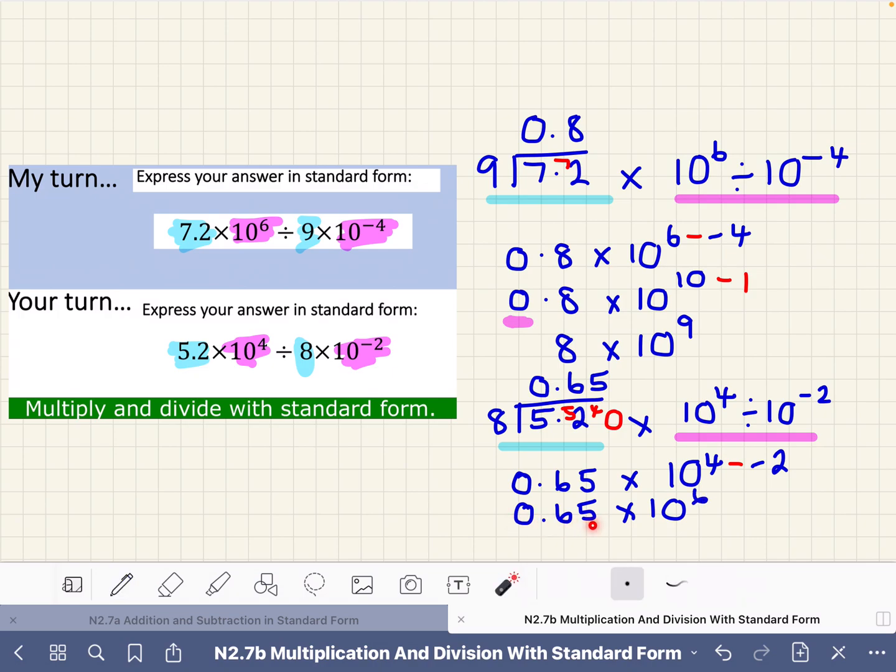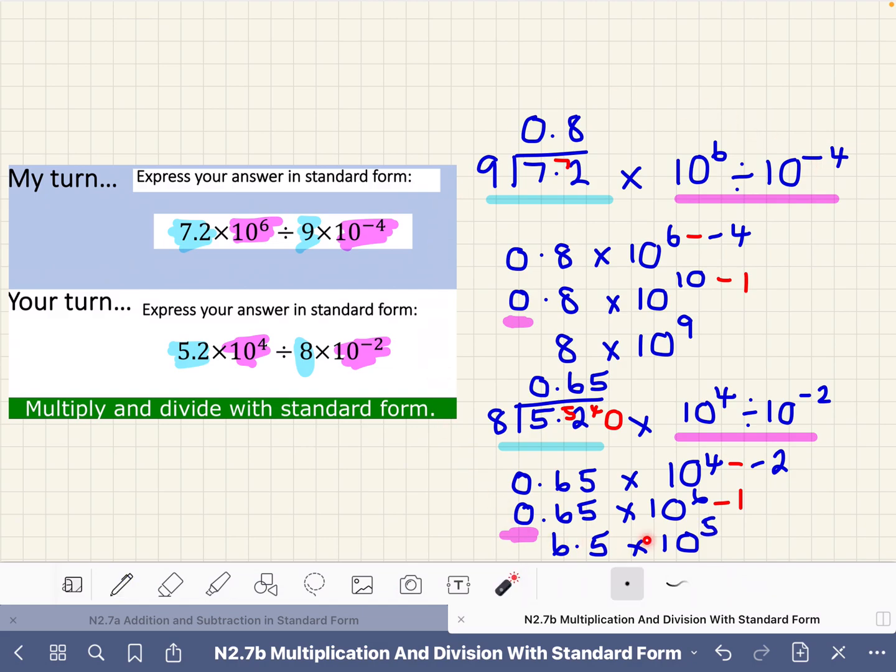However, when we check our answer here, it is a non-standard form answer as it begins with a 0. We have an additional number at the start here, which means we need to tell the power it must be 1 less. That gives us a final answer of 6.5 multiplied by 10 to the power of 6, take away the 1, is 5.